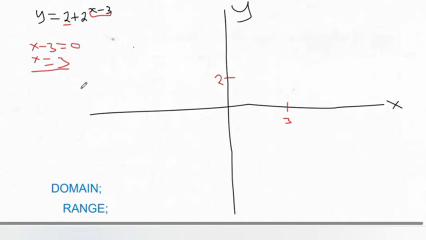So your graph must have the horizontal asymptote on this part, and this horizontal asymptote has to cross on the part where y is equal to 2.